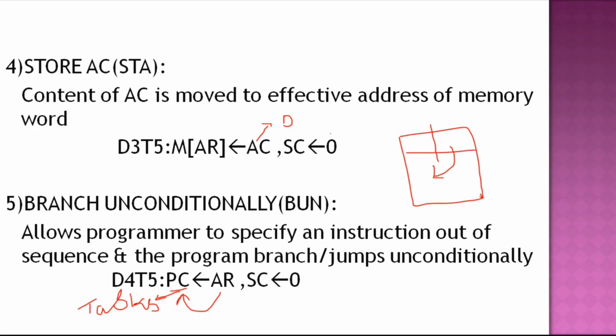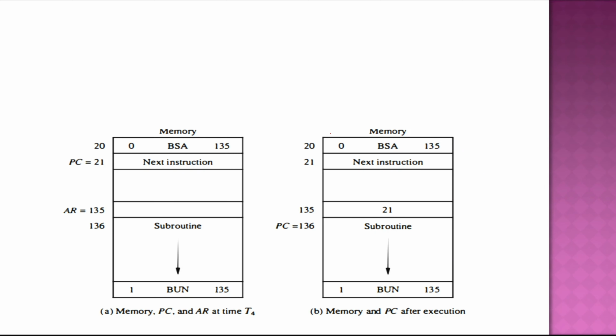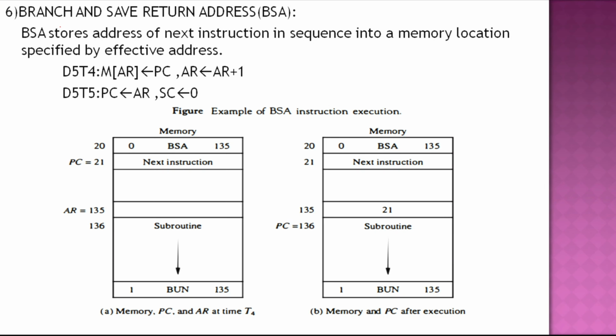Next, after BUN, branch and save return address. So here in this branch and save return address, first branching occurs. BSA stores the address of the next instruction in sequence into a memory location specified by the effective address.